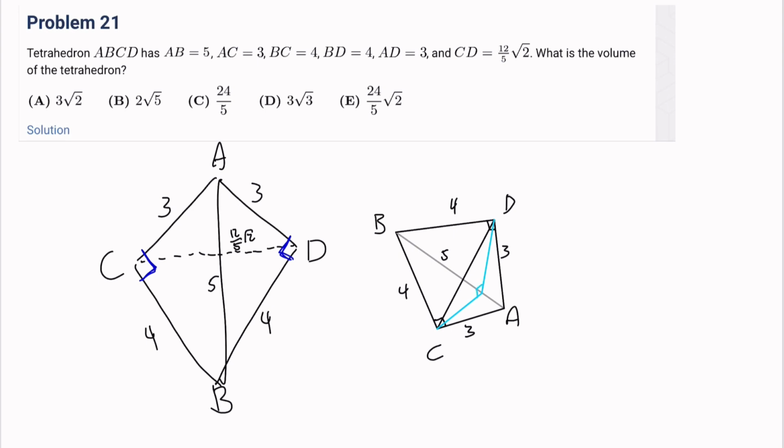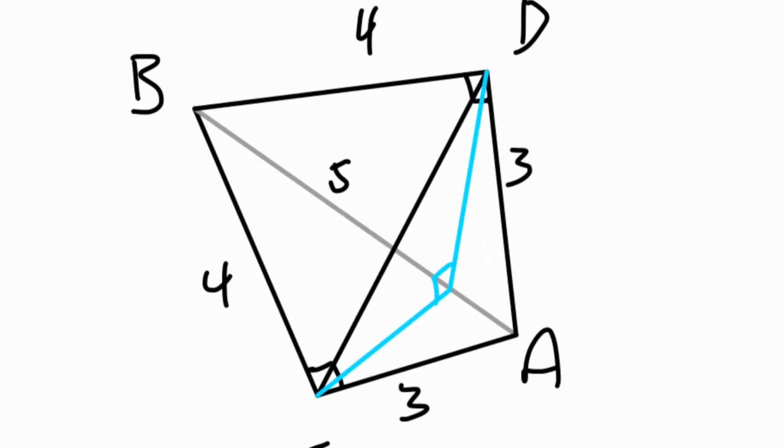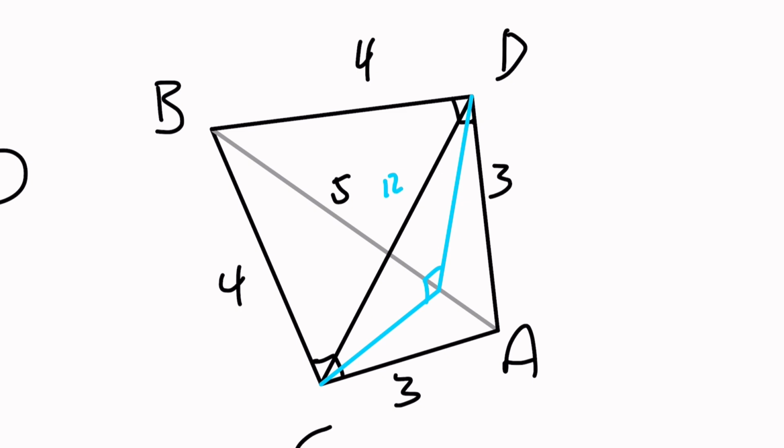Yeah, so we can know that that is a right angle because CD is 12 over 5 root 2, right? So if we zoom in, CD is 12 over 5 and then root 2, right? And if this is D, it would be a right angle to there, and so that would mean that this is 4, 3. So this length would be 4 times 3 over 5.